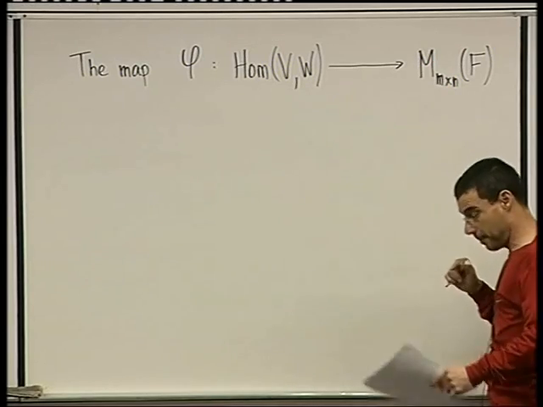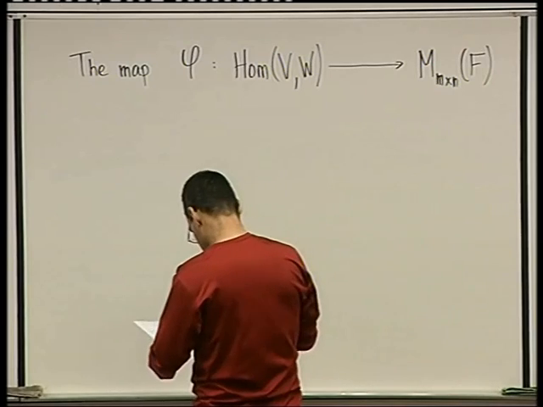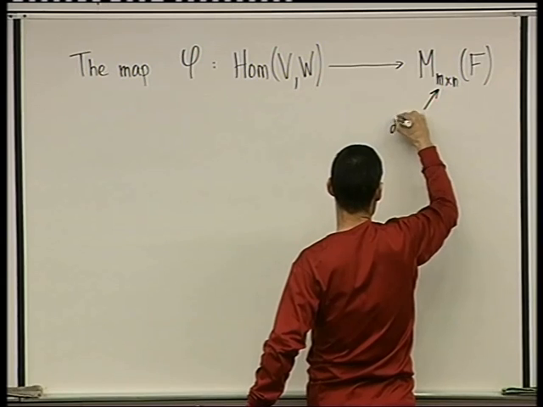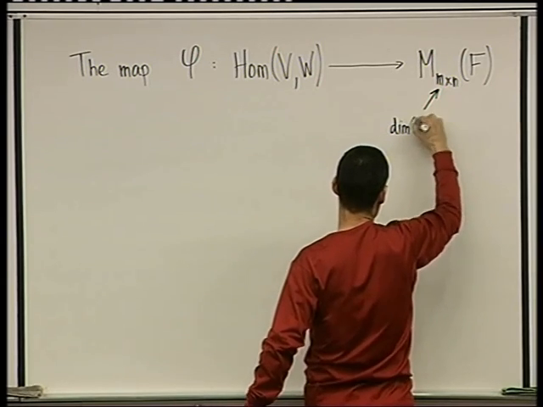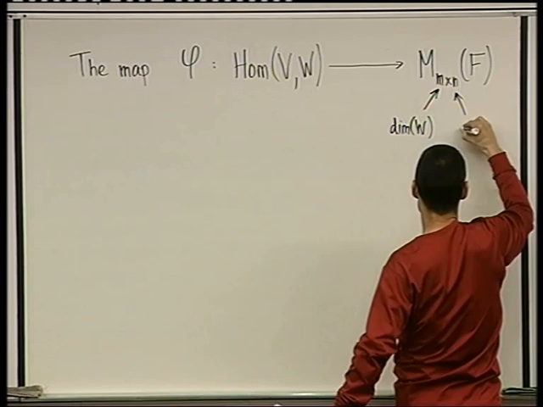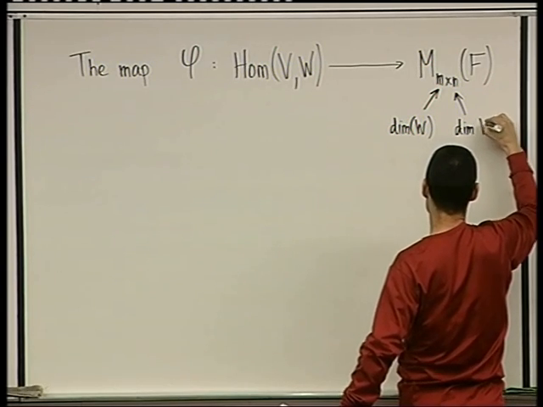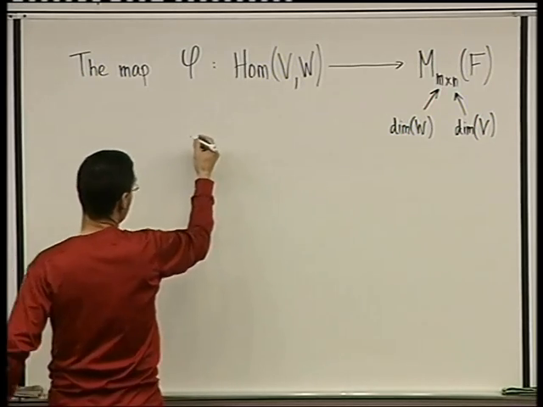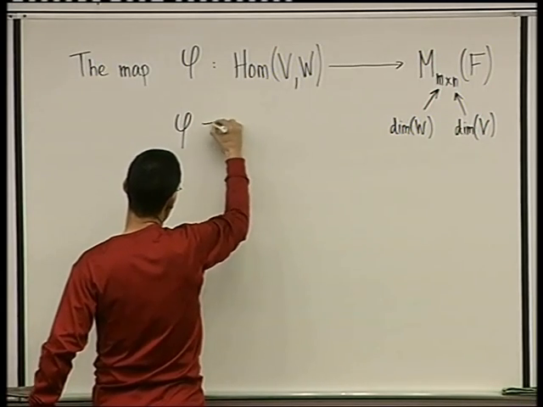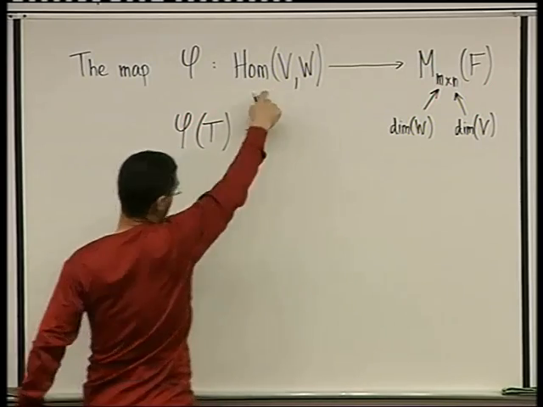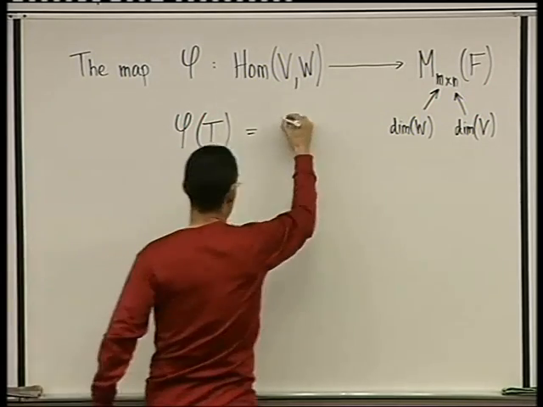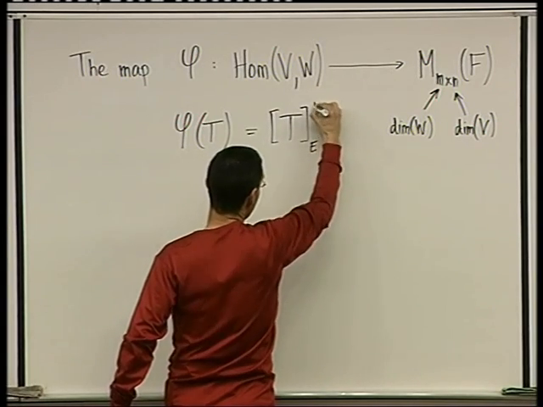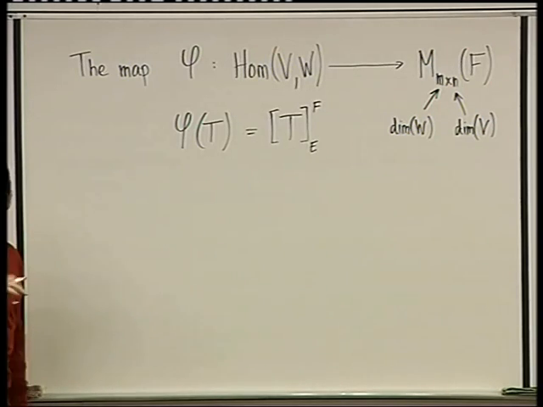So this map, and what is the map? The map is just the map where phi of T is just its representation matrix, T_{E,F}, with respect to two fixed bases.